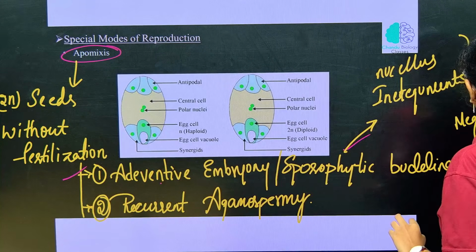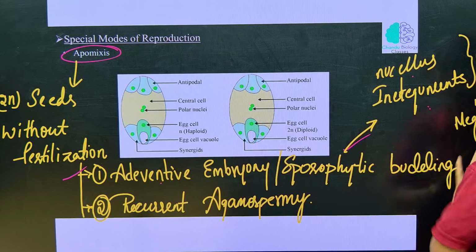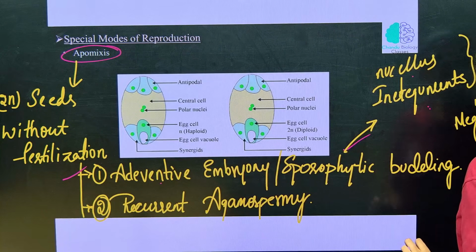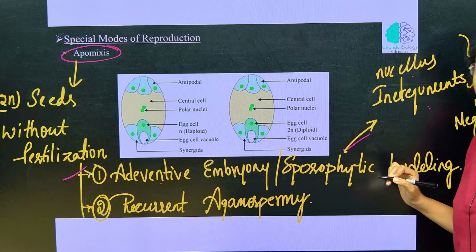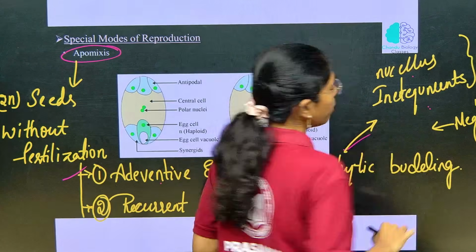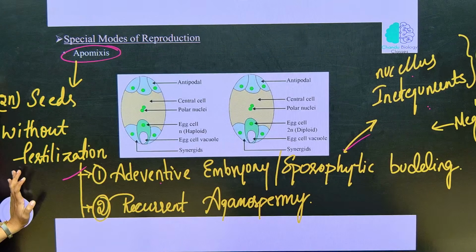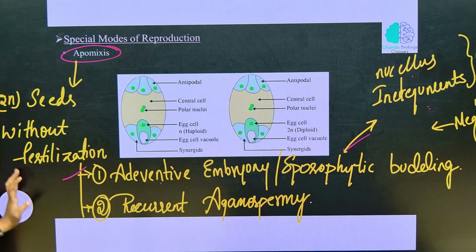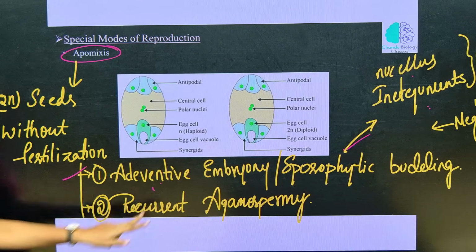When diploid nucellus or integuments are differentiating into a diploid megaspore, the diploid megaspore will eventually give rise to a diploid embryo sac and then a diploid embryo, right? Likewise, through adventive embryony or sporophytic budding, diploid seeds are formed. The seed formed because of this is known as apomictic seed.